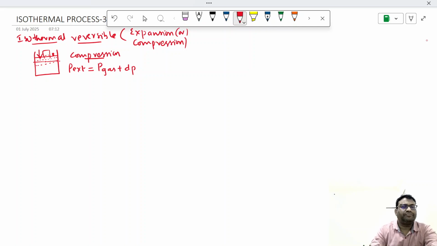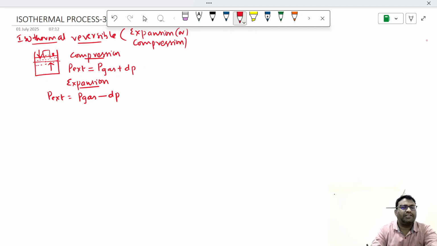Okay. Coming to expansion, what is that? Expansion means the pressure inside the gas must be greater. Then what can you write? P external is equal to the pressure of the gas minus dP. So what does this represent?